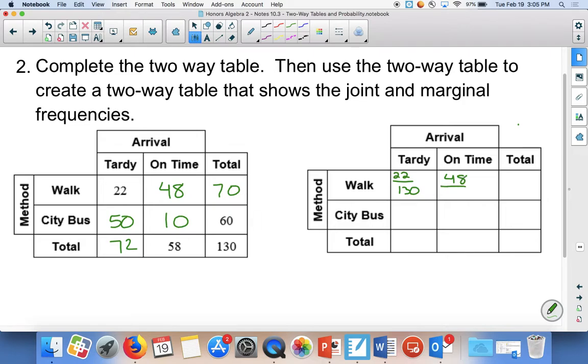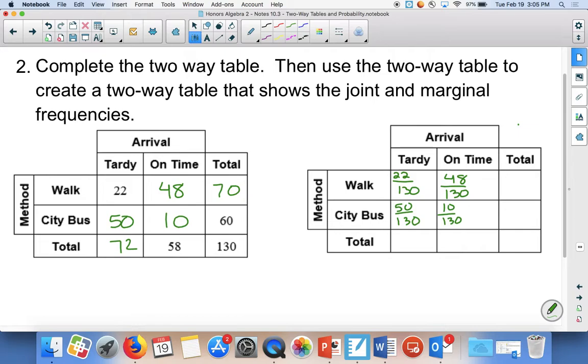That's 48 out of 130. Okay, so I'm going to mainly focus on my joint frequencies right now. So I'm going to go down to the city bus and how many are tardy. That's 50 out of 130. And then finish with the city bus and on time. That's 10 out of 130.